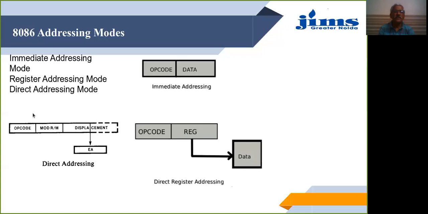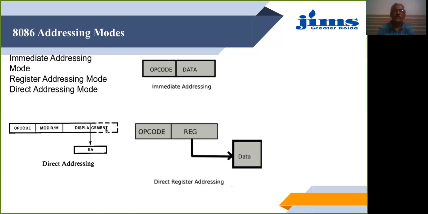So when we see an instruction, the instruction format has an operation code, it has 1 byte of mode selection, mode and register or memory. Then you have a displacement, which can be 8-bit or 16-bit. Accordingly, an instruction can be 1, 2, 4, and a maximum of 6 bytes. So 8086 instructions are from 1 to 6 bytes long.